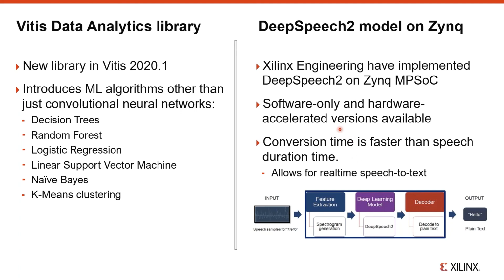With the quantized hardware version, the conversion time from audio into text is less than the duration of the spoken audio, which is exactly what you need to do this in real time. So we're not just focused on convolutional neural networks for vision, we're expanding out into many other forms of machine learning and offering the possibility of accelerating those algorithms in programmable logic.